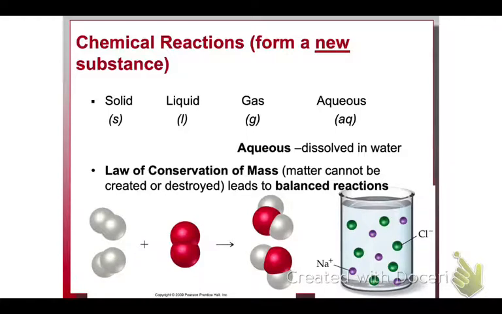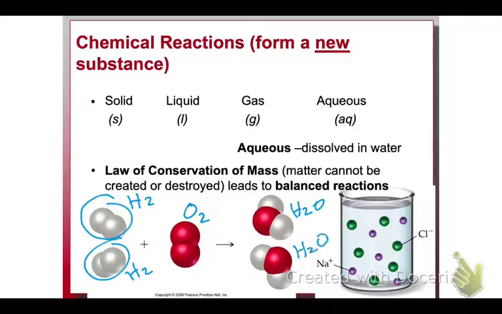The law of conservation of mass states matter cannot be created or destroyed. It just leads to a balanced reaction. If you look at this reaction here, you will see that we have two molecules of hydrogen gas reacting with one molecule of oxygen gas to give two molecules of water.